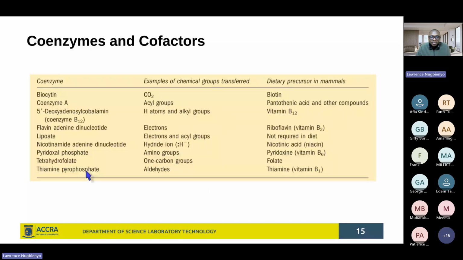So these are common coenzymes. And you see clearly, virtually everything we've talked about, they are all coming from different vitamin Bs.